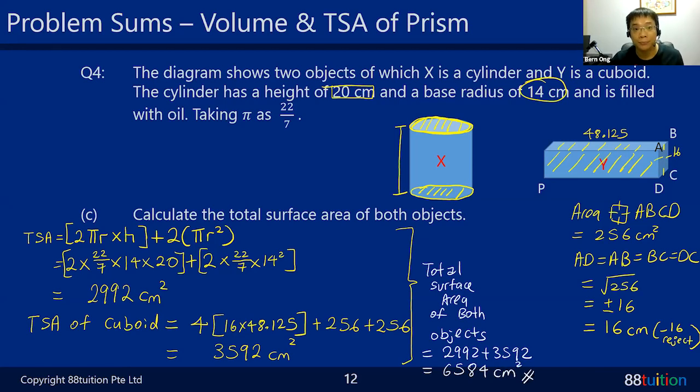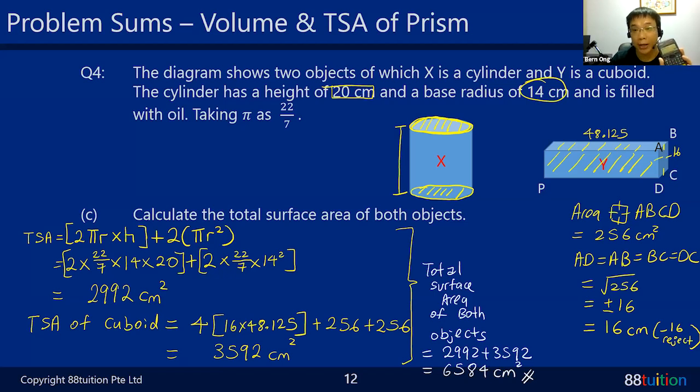Ta-da. Can? All right. So you can find individually, or you can actually use the formula again. Perimeter of cross section, which means 16 plus 16 plus 16 plus 16, times the depth of 48.125.